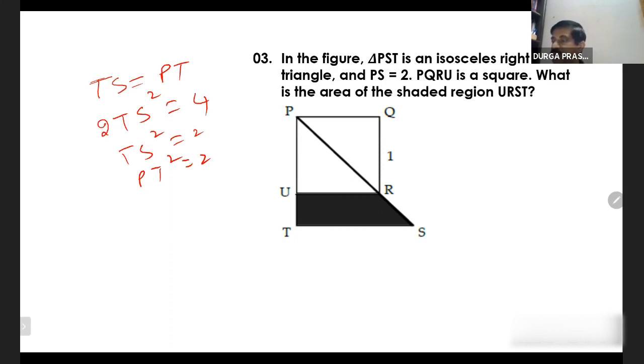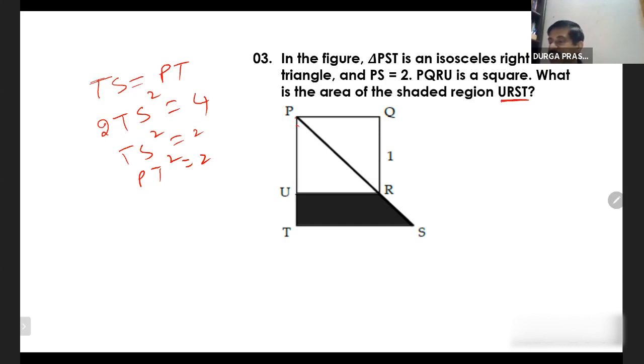Now PQRU is a square. What is the area of the shaded region? The shaded region area is the total area minus the white part area, that is PST minus PRU, which is URST.